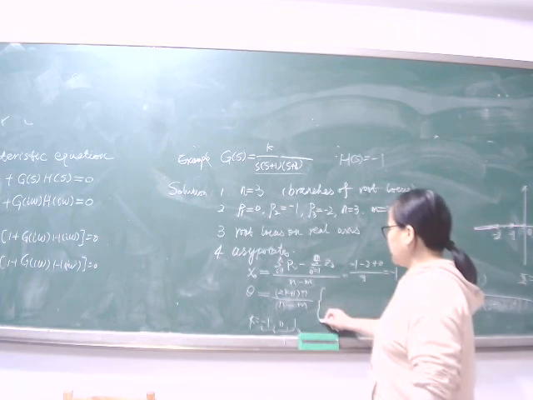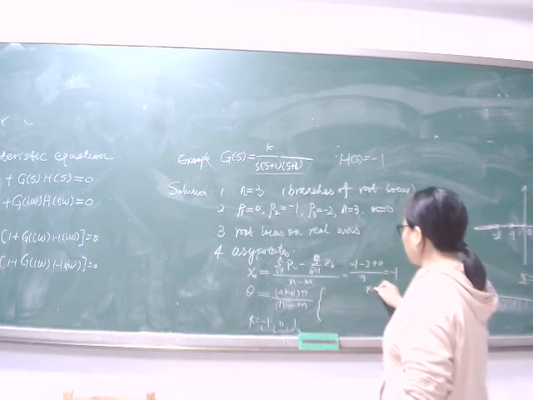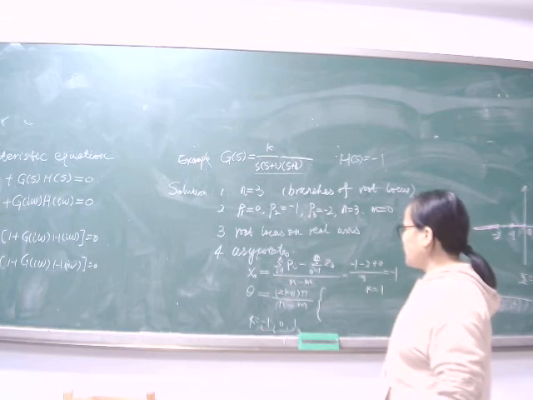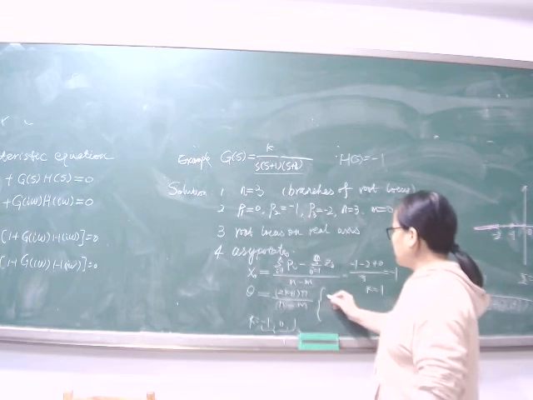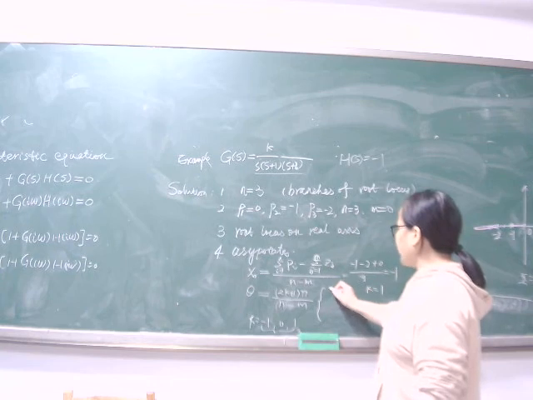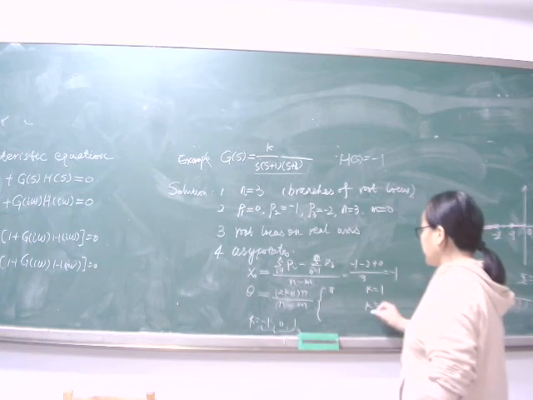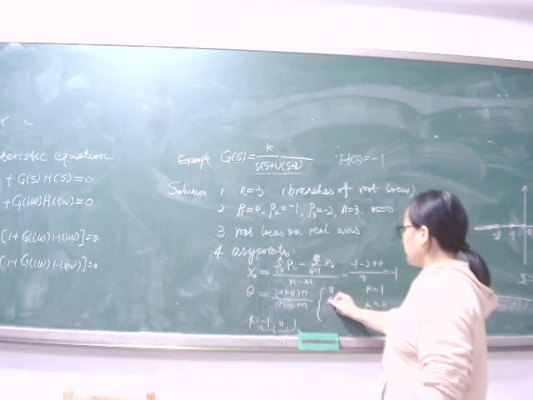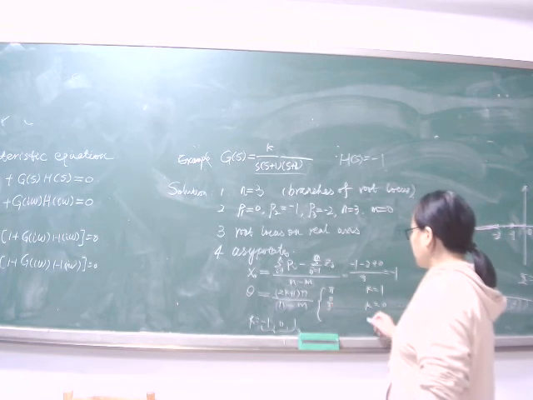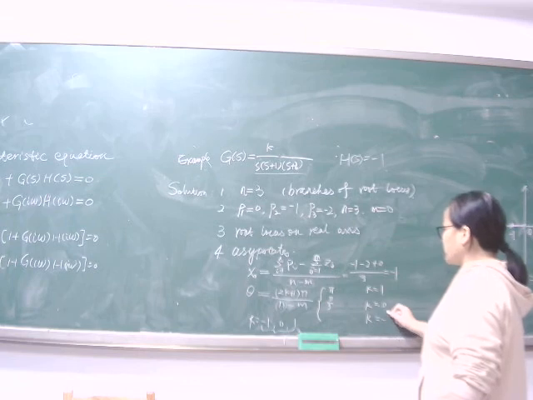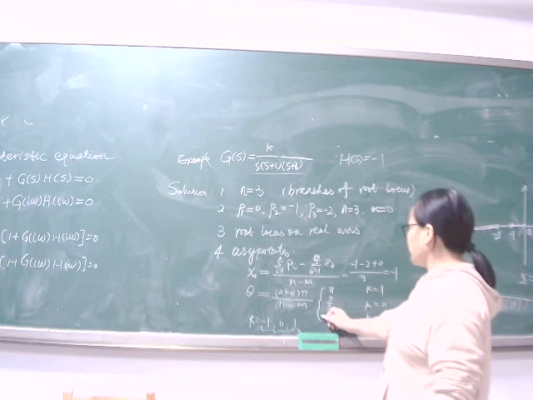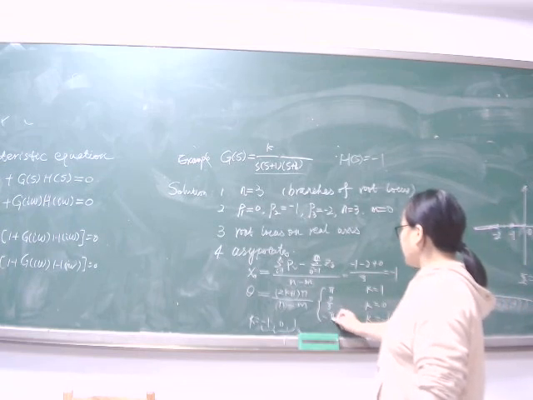If k equals 1, here it is pi. If k equals 0, it is pi by 3. If k is minus 1, it is minus pi by 3.